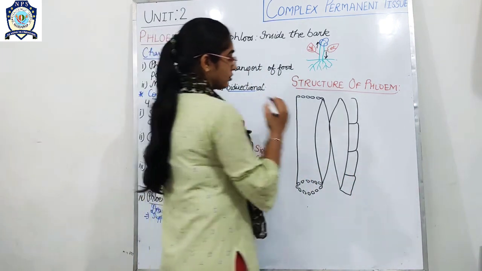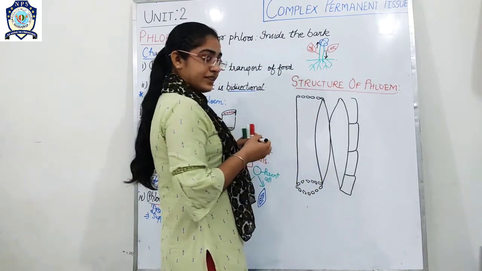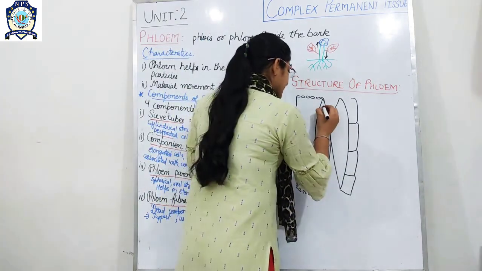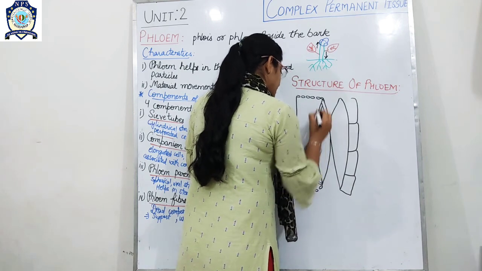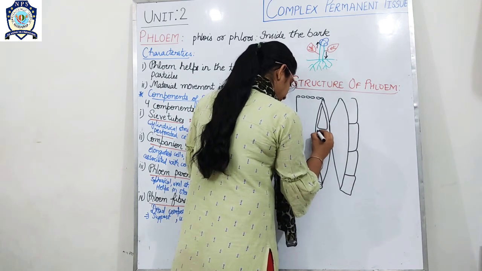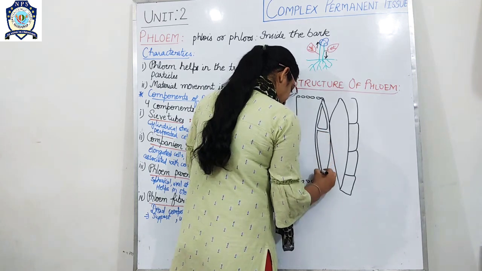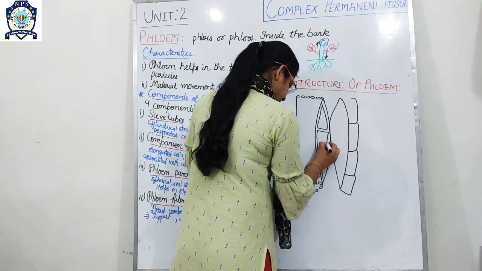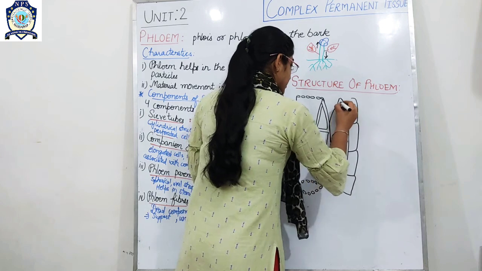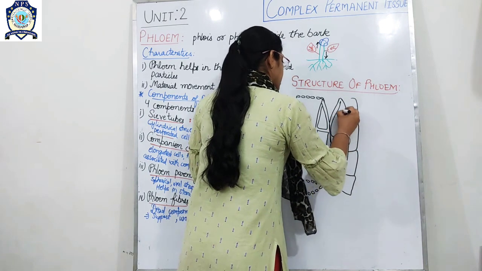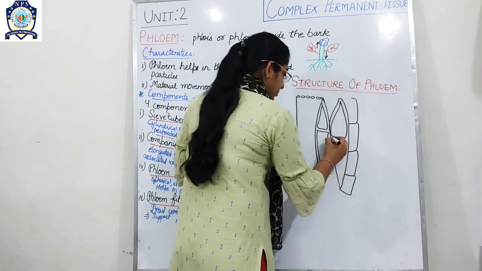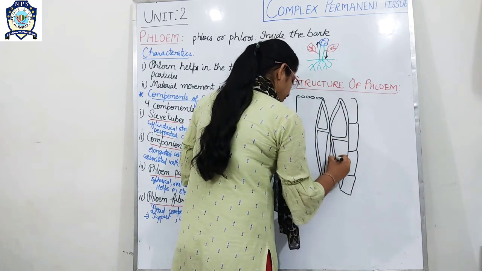Okay, so now let us draw, as these are thin walled cells, so in this way it is easy to draw the diagram of the components of phloem.